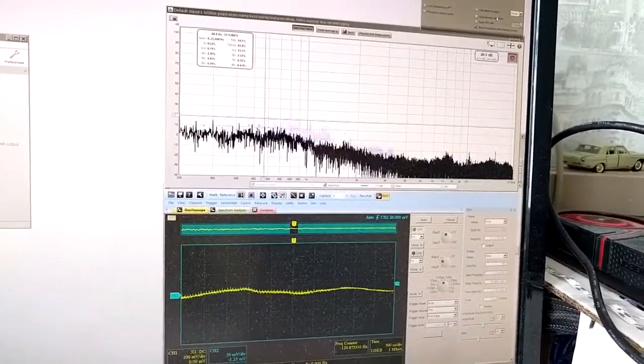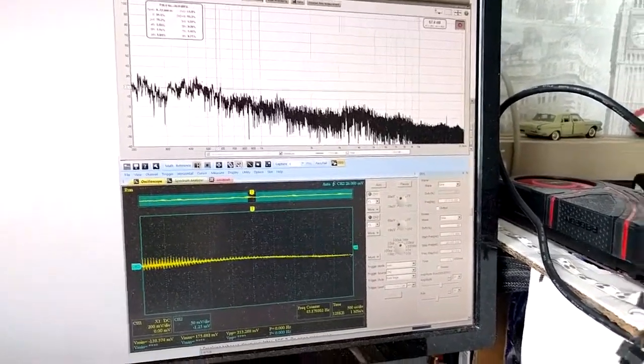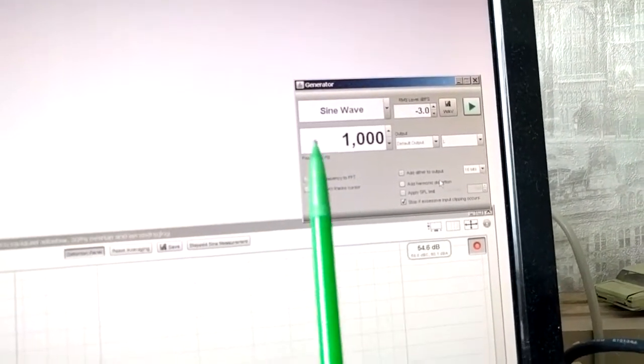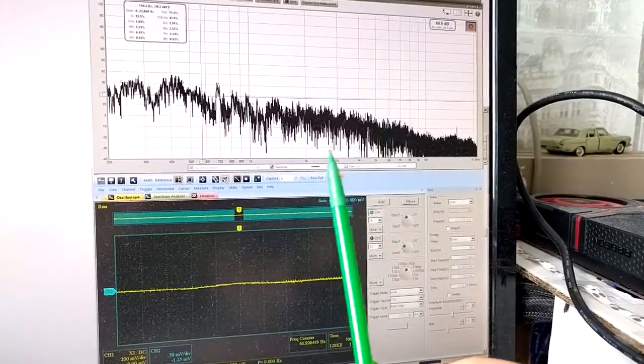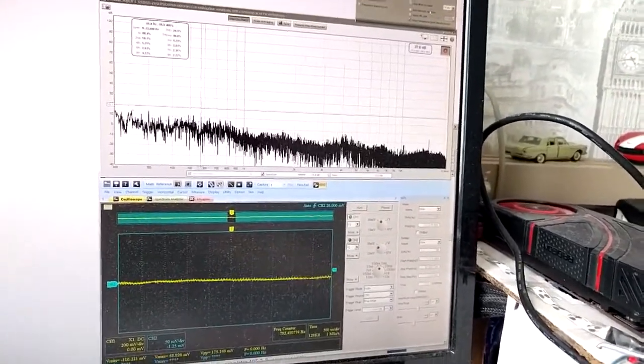I'm using the Right Mark room equalizer wizard for this purpose. Once I start to increase the sound, I play 1 kHz, and I'm going to see the main peak at 1 kHz, and the second and third harmonics at the multiples of this frequency. So let's do that.